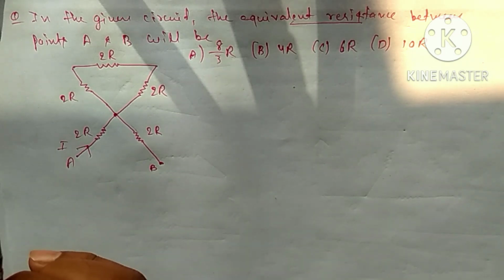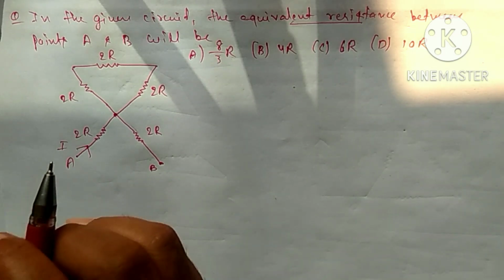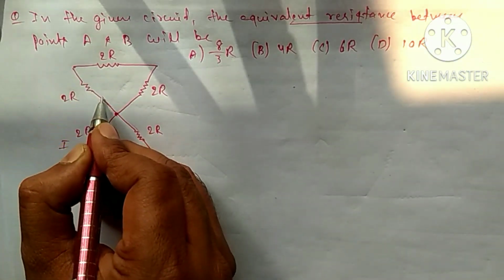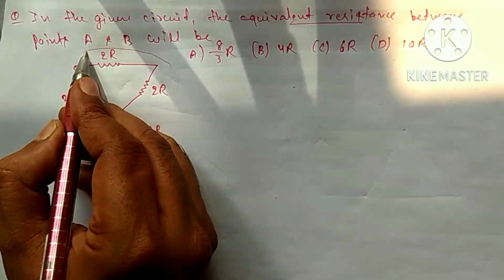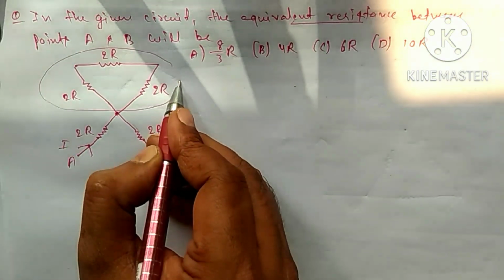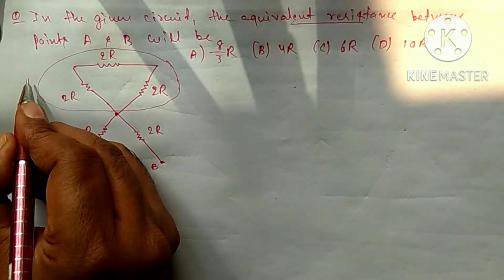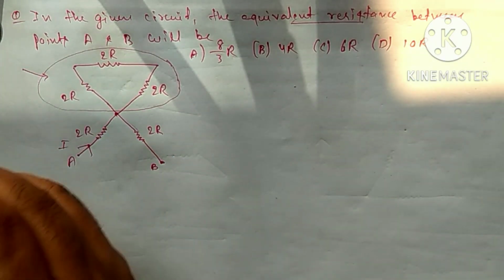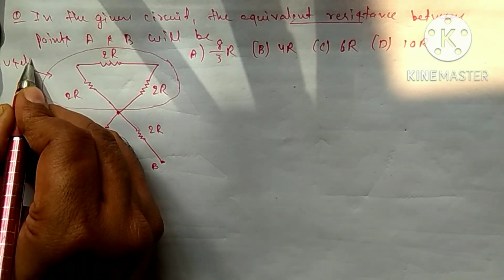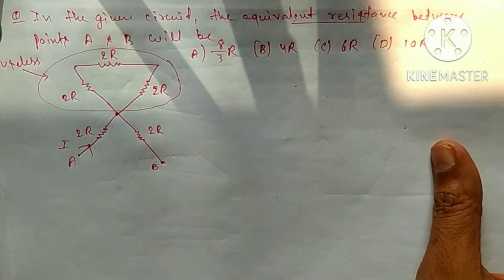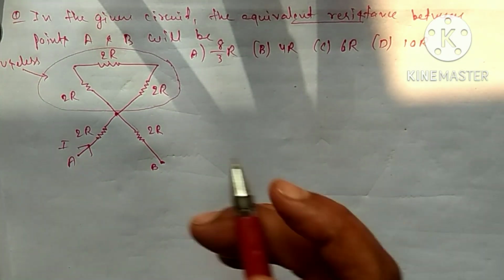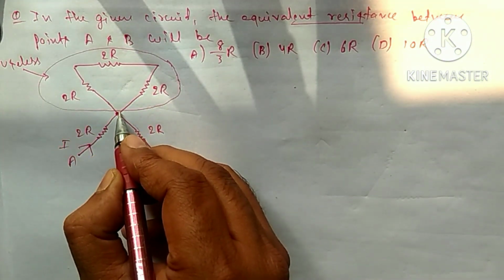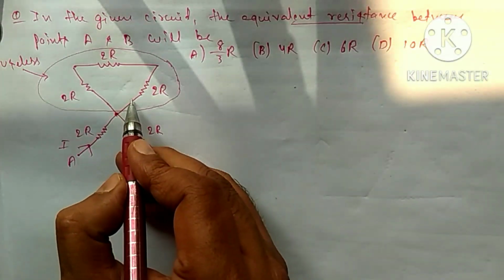In this type of question, whenever current goes from this point and again comes to that point, we do not consider the 2R, 2R and 2R. We can say this is useless. Why? Because the current I goes from this point and again comes to that point, so we don't need to go in this path.